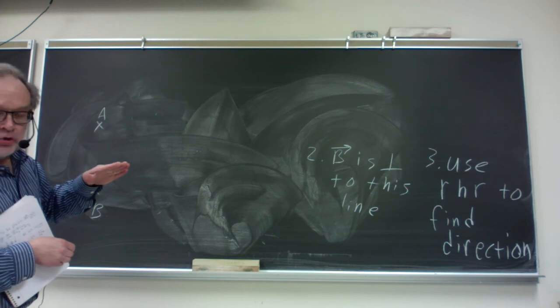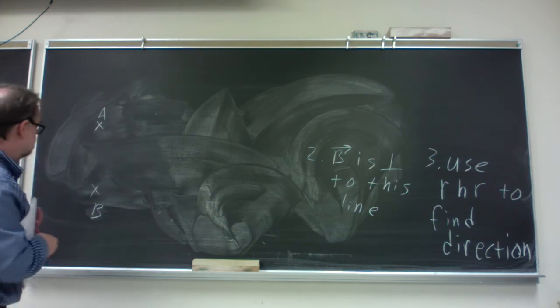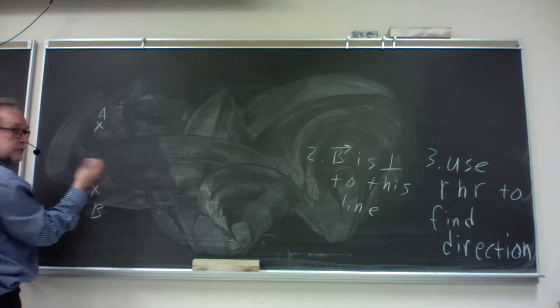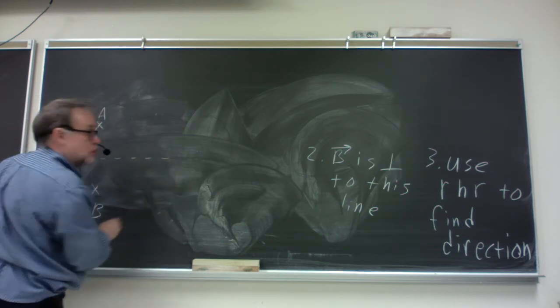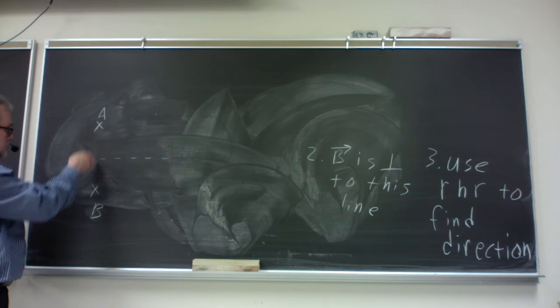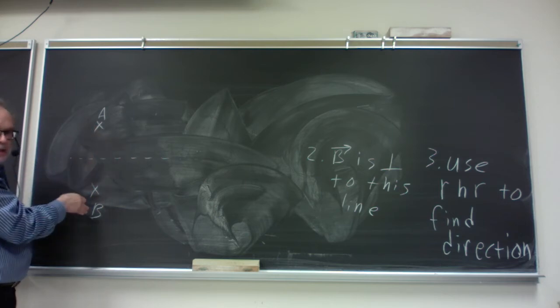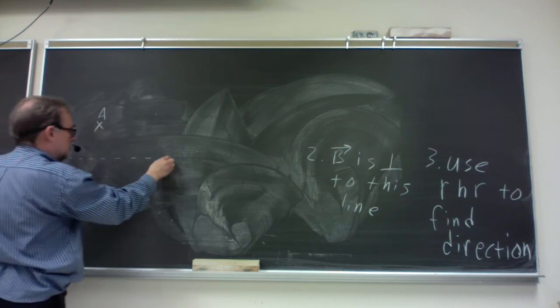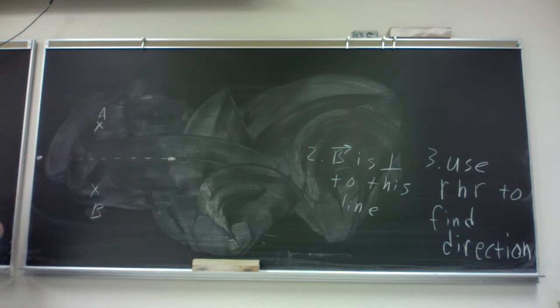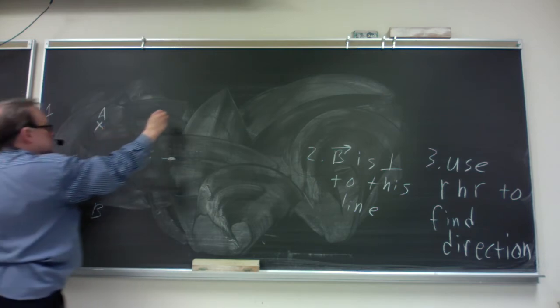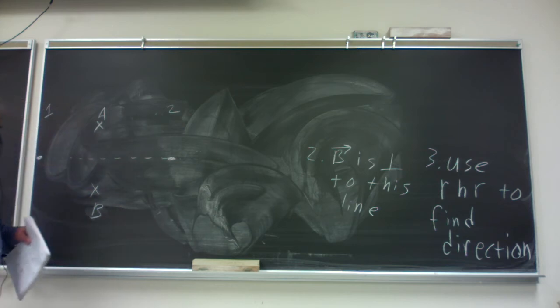Now, imagine 2 points that are just symmetric. They're along the plane that bisects the line that connects A and B, and they're, say, way out here and then way out here. We'll call this point 1 and this point 2.